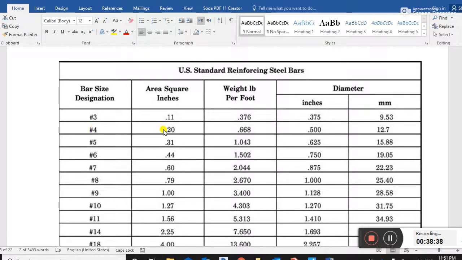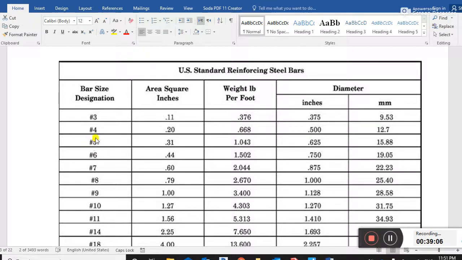For reinforcement number 4, the area is 0.20 square inch, the weight is 0.668 lb per foot, the diameter is 0.5 inch, and in millimeter the diameter is 12.7.